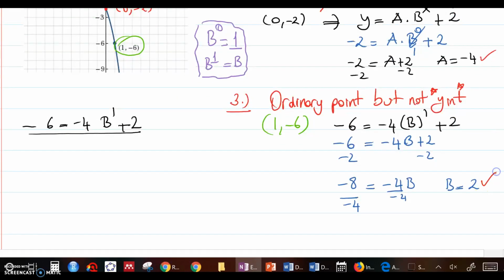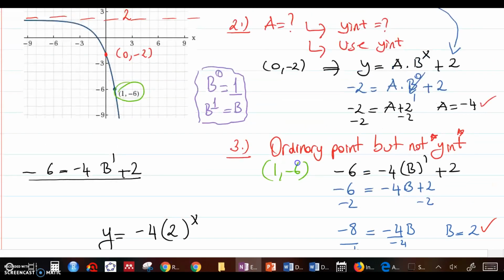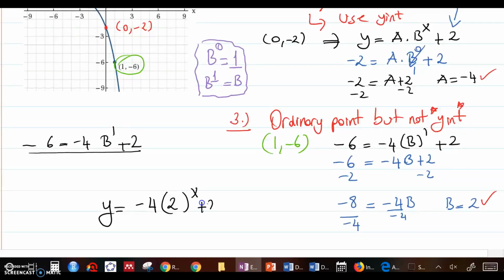We need to get all these things together. The last step: y equals a b to the power x plus 2. Ta-da! I would always write the exponent outside of the parentheses, not inside. So that's what we would expect.